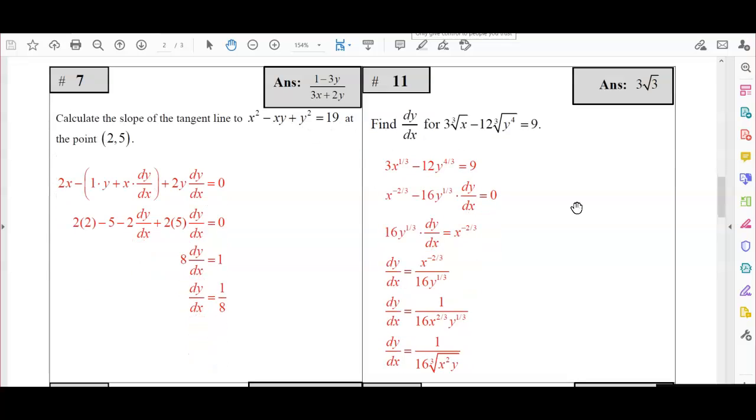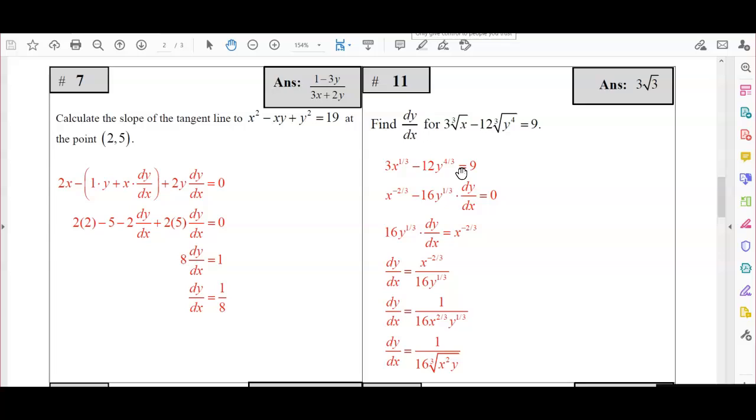Seven and 11. I think 11 was tricky just because of the exponents. I'm going to give you guys a few more minutes to check that one. And again, if I'm going through these too quickly, just let me know.